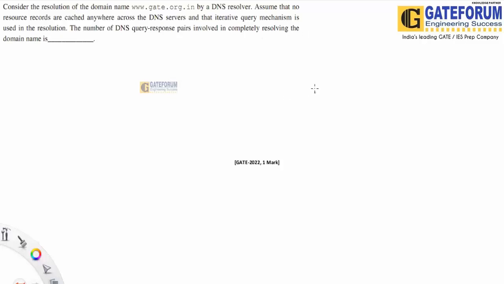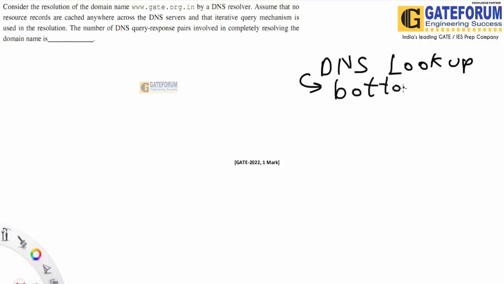So always remember, whenever we are having a DNS lookup, it will always work in a bottom to top approach. So first of all, if you do www.gate.org.in, first of all, it will search for in.